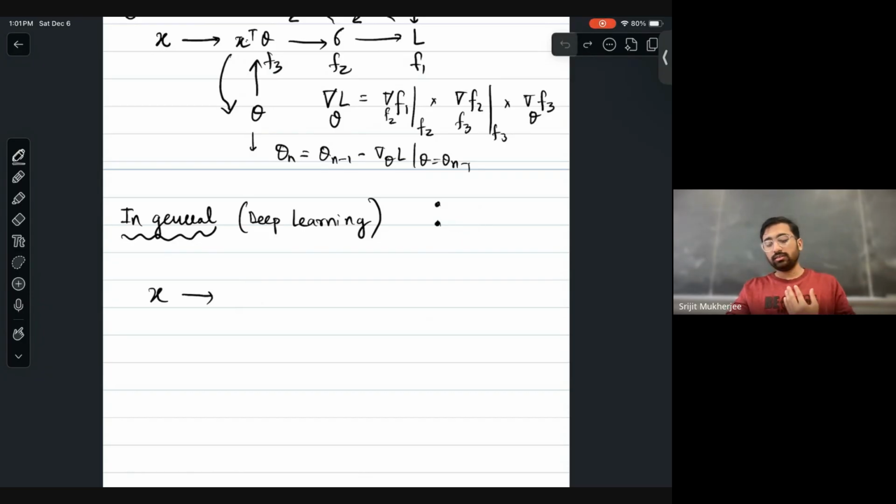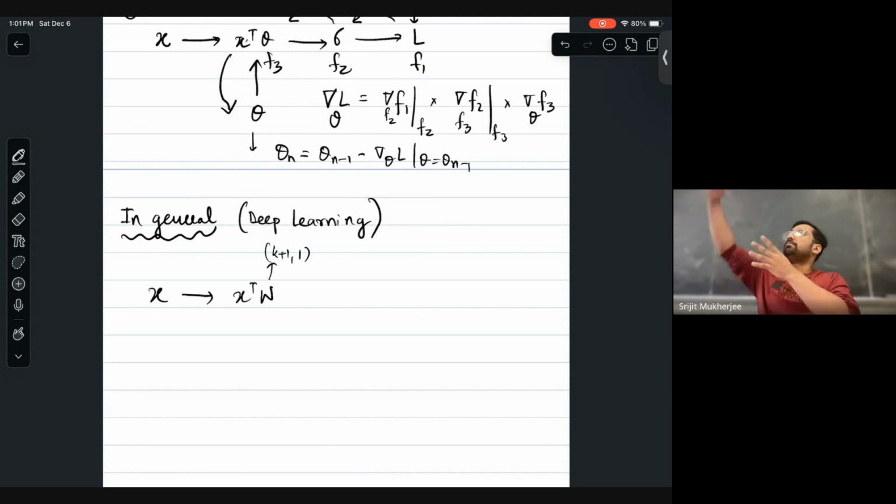And it's not just one single output, so it can be a matrix also, because the output can be multidimensional. So it's w transpose x or x transpose w. In this case, it was k plus 1 comma 1, but if it's multiple outputs, it will be k plus 1 comma n, so it's m cross n.